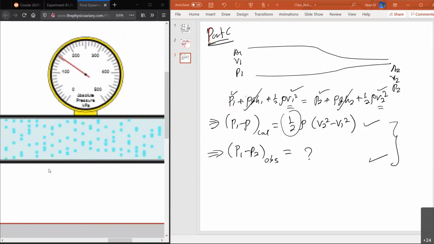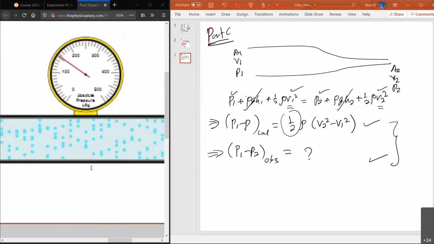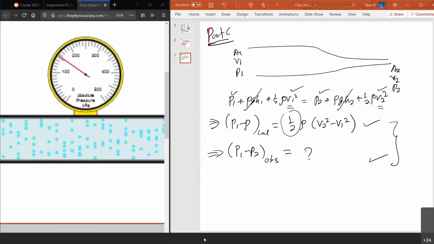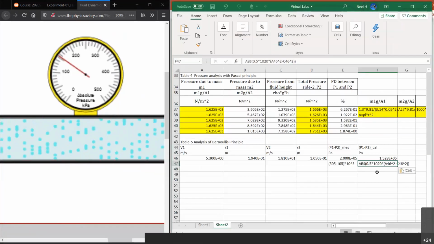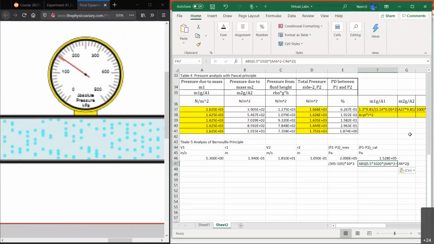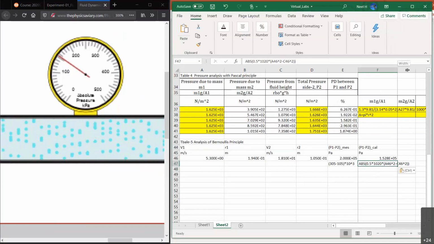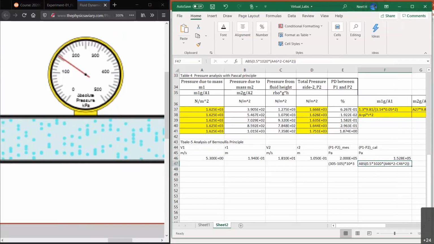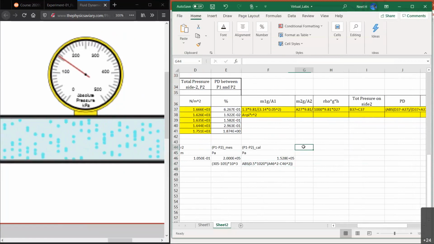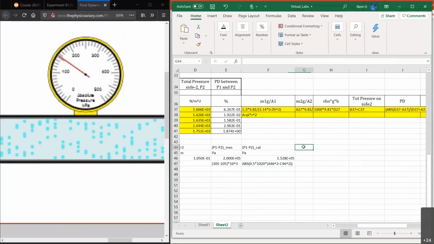Okay, so then after that you have to calculate this. Let's do the percentage error too, right? So the question is asking for percentage error. Let's do percentage error here. Percentage error, we can do percentage difference only, right? Because we're comparing two calculated values.